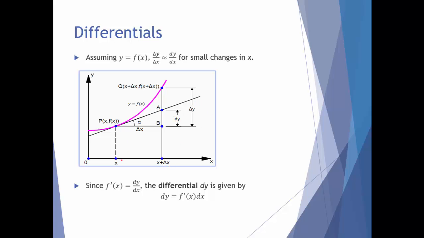Notice that for that change, an independent change, it's the same change on the tangent line as it is for the curve. Now under that situation, are dy and delta y going to be the same thing? Notice dy is the change in y for the tangent line, whereas delta y is the change in y for the curve. They're not the same thing. They should be very close to each other, but they're not the same.